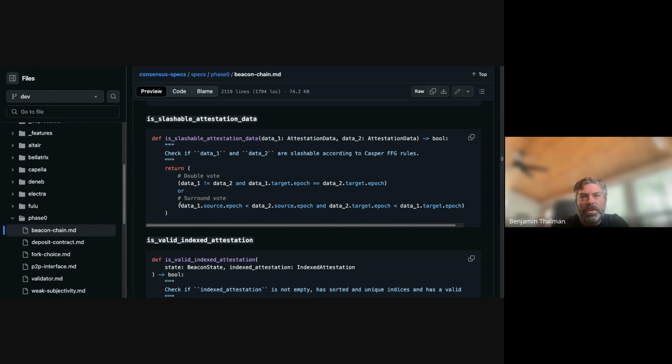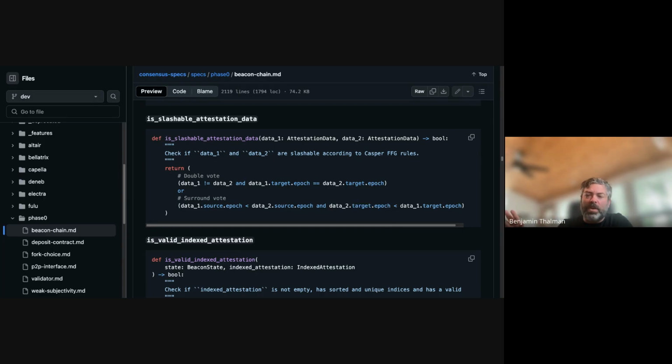So again, when you look here, you can think of data 1 as attestation 1 and data 2 as attestation 2. And notice that the source for the first attestation is less than, in other words, it happened before attestation 2, but the target for attestation 1 happened after attestation 2.